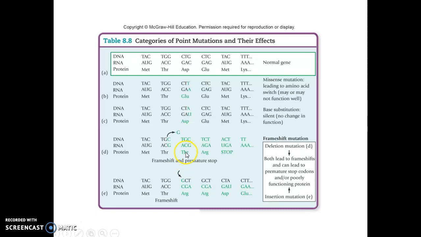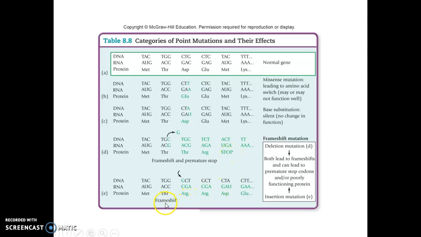And so now you have a threonine being added instead of an aspartame, and then an arginine, and then a stop codon. So it's a frame shift. It shifts the frame of the amino acids. And this frame shift results in a premature stop. And now your protein is going to be a truncated protein.